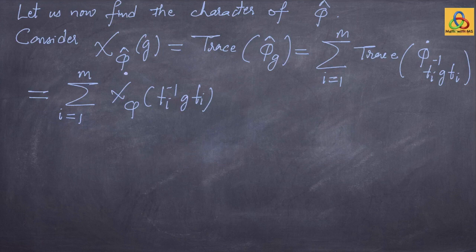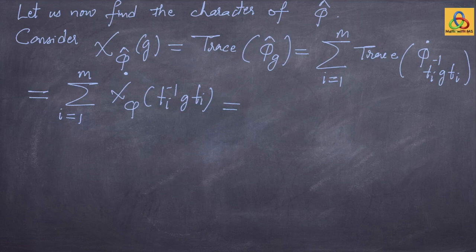But now recall a result from lecture number 17, that if you have a class preserving function on a subgroup H and you define the induction of that, the induction of a class preserving function can be written as the sum of the dots of that function as you run over the coset representatives.